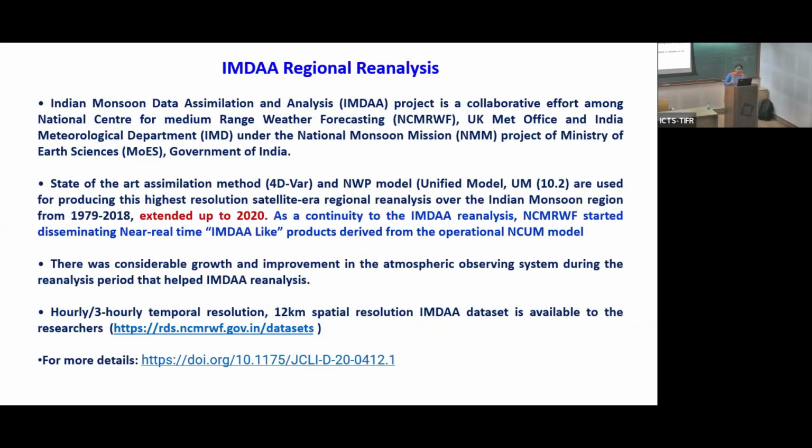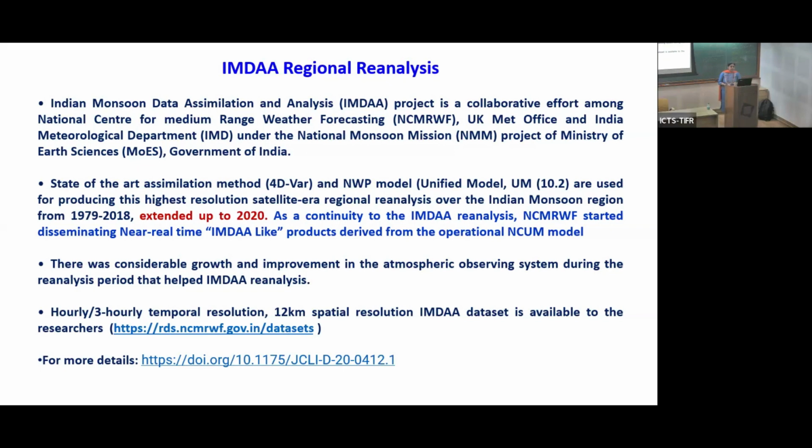Coming to the IMDAA regional reanalysis, it is Indian Monsoon Data Assimilation and Analysis. As we already discussed, it is a collaborative project among NCMRWF, the UK Met Office and the India Meteorological Department.